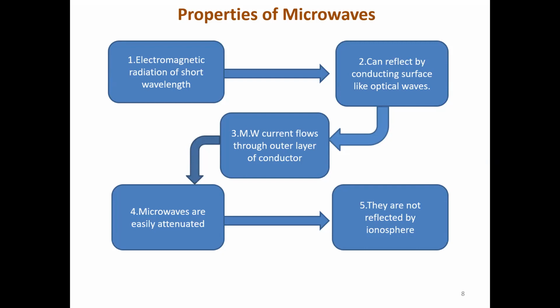This term indicates why we use microwaves in satellite communication. So if someone asks you, why do we use microwaves in satellite communication? The answer will be, they are not reflected by the ionosphere.